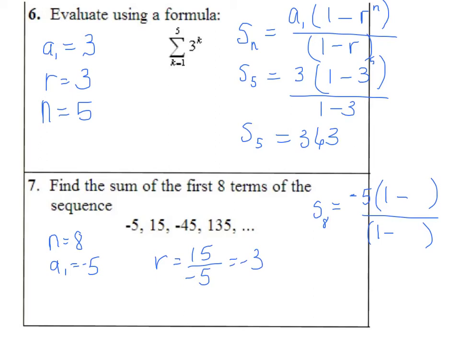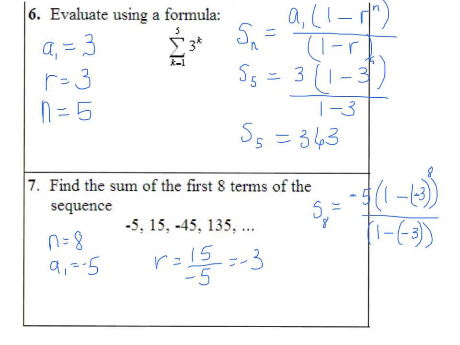All right, so here, when I put in r, I'm going to put in a negative 3 to the nth power, which is 8, and here, 1 minus a negative 3. Now, there's 2 different things going on here, so be careful. You cannot make negative negative as a positive here, because this whole thing is to the 8th power. So because this is an even power, this is actually going to be positive.